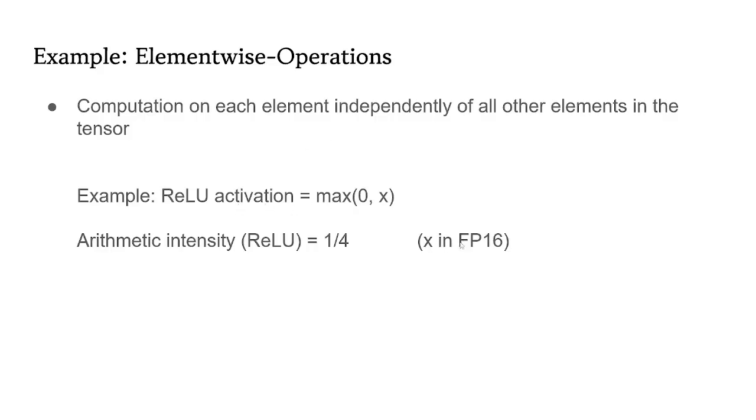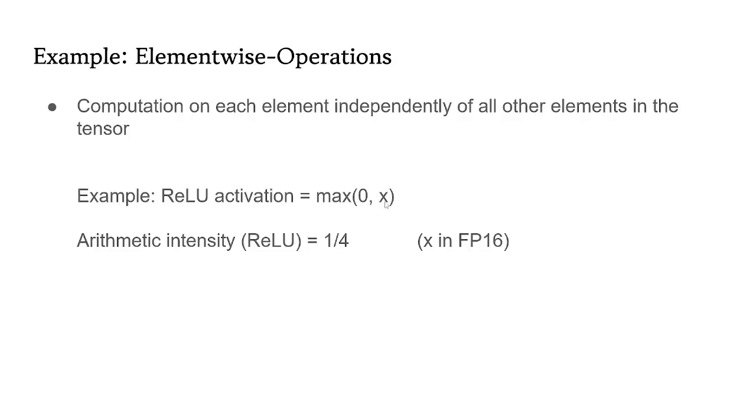Thinking about, let's say, 16-bit floats, for instance. What I need to do is read X from memory, do this computation, and store the result of this computation back to memory. So the arithmetic intensity of ReLU is one operation, one max operation, which is one instruction. And in the denominator, I have transferred 4 bytes.